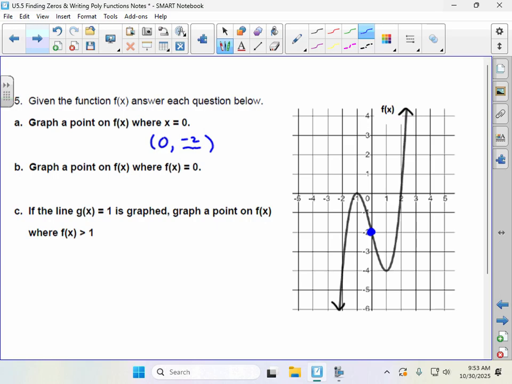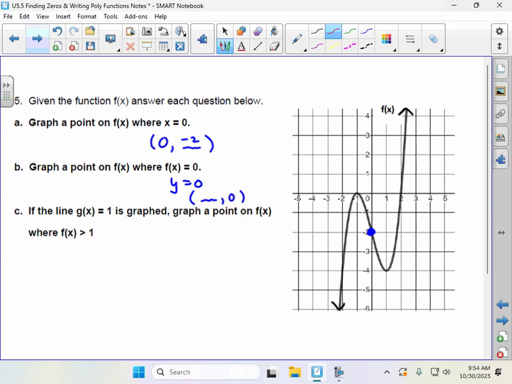All right, B, graph a point on f of x where f of x equals 0. All right, so f of x, remember, is just another name for y. And so we want to know when is y equals 0. All right, so again, we're trying to find some number, comma, 0, some point that uses 0 in the y position. So here you're going to go to 0 on the y-axis and draw a horizontal line and find the intersection point.